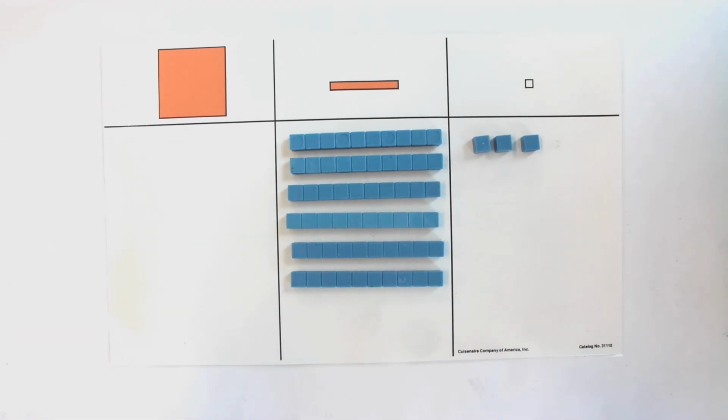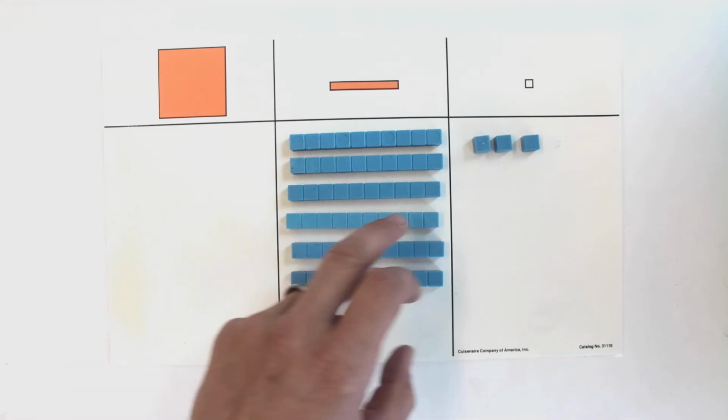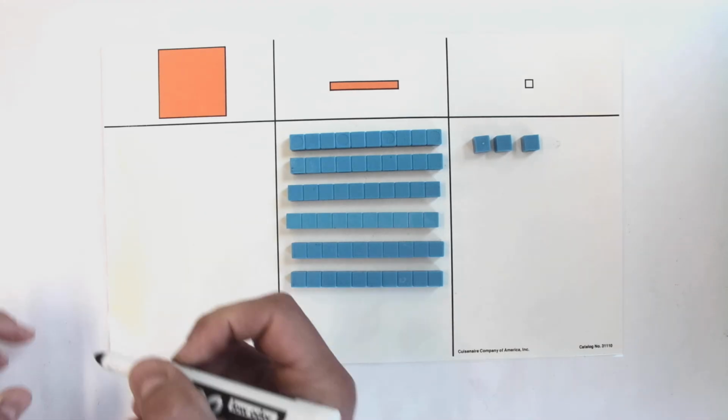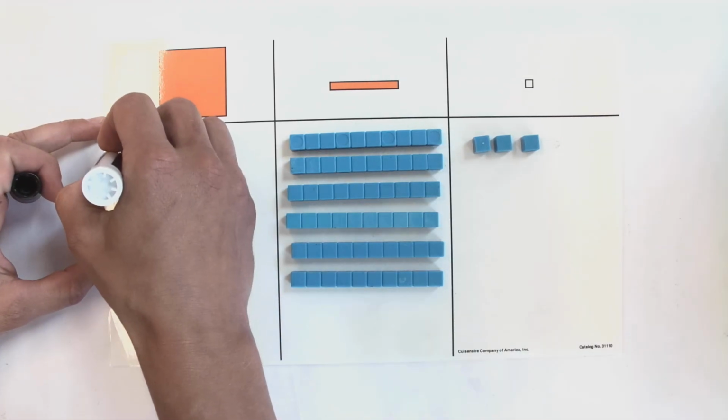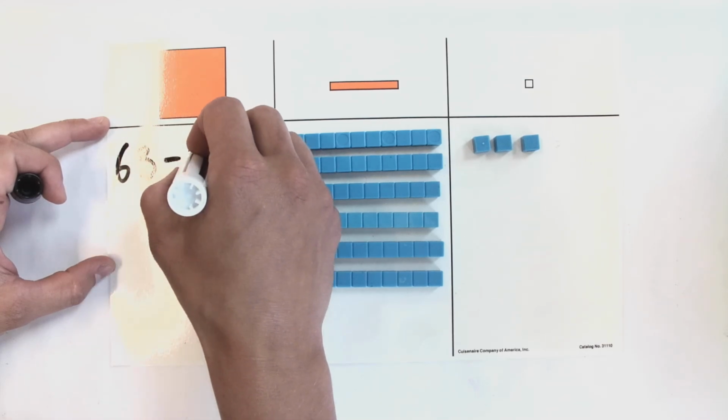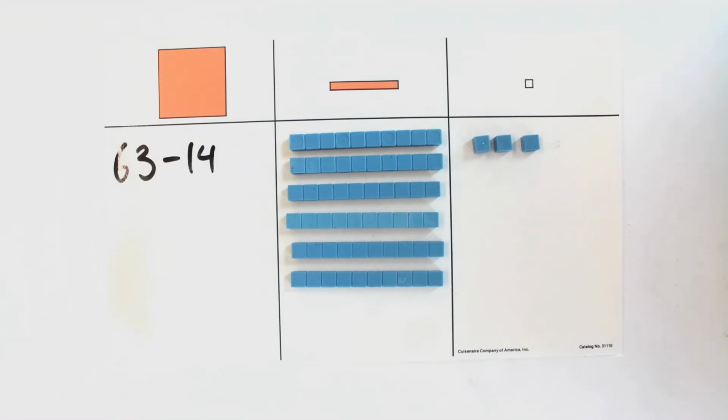Since I'm doing subtraction, I'm going to take some amount away from this. So here I have 6 10s and I have 3 1s. So I have 63. I'll write this here just so we can see. And I'm going to subtract 14. Okay, so 63 minus 14 is what we're looking at here.